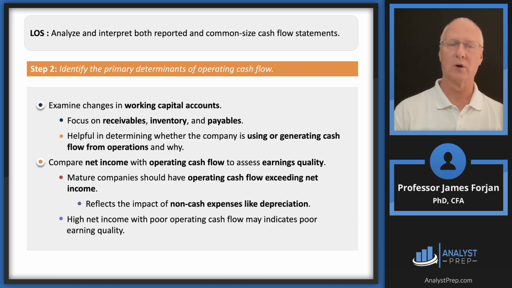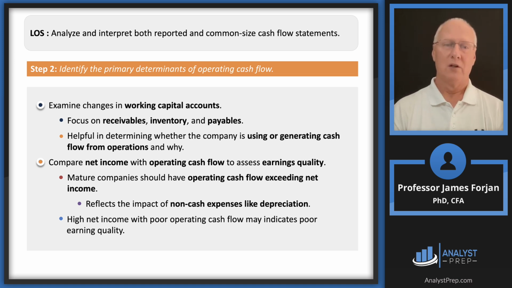So now we're going to call this working capital management, these working capital accounts. So of course, what do we want to do? We want to turn those receivables into cash. We want to turn those inventories into cash, and we want to pay our payables at the latest possible time.